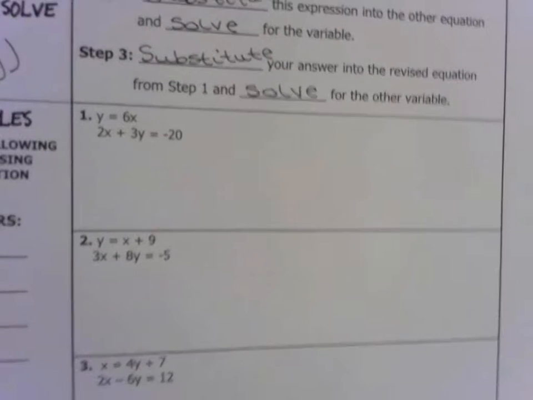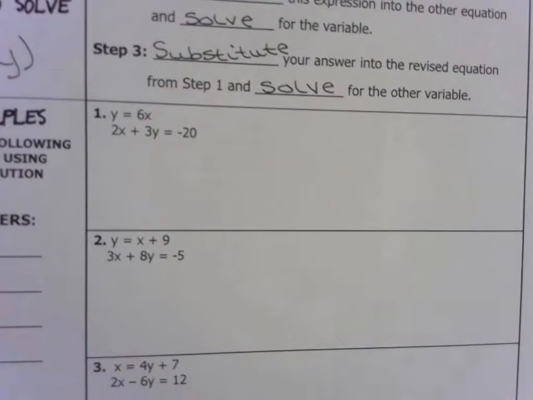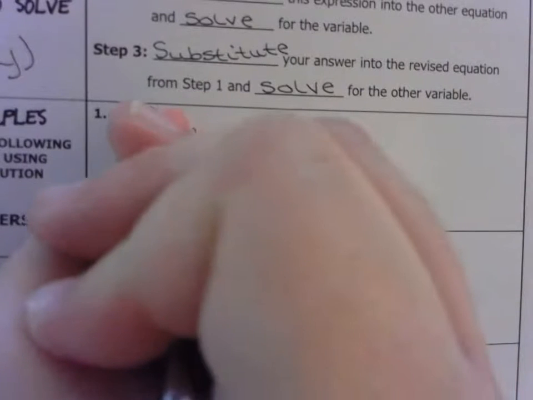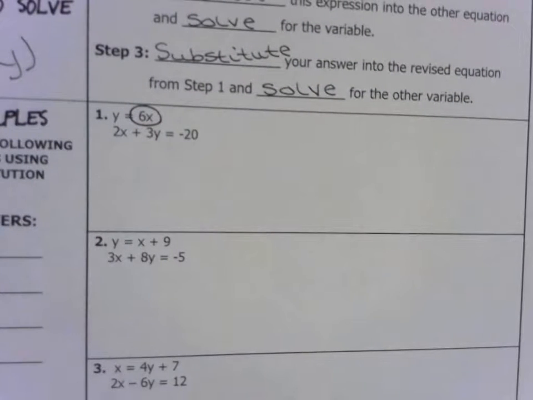So as I look at this, we are going to use substitution. First step, you need to have an equation that is x equals or y equals. Do I have an equation that is x equals or y equals? Yes. The top one is y equals. So what that tells me is that y is 6x. y and 6x are the same thing.